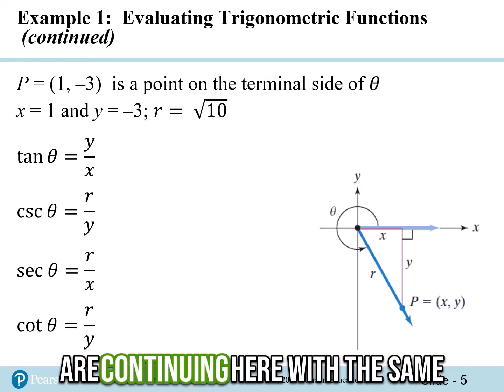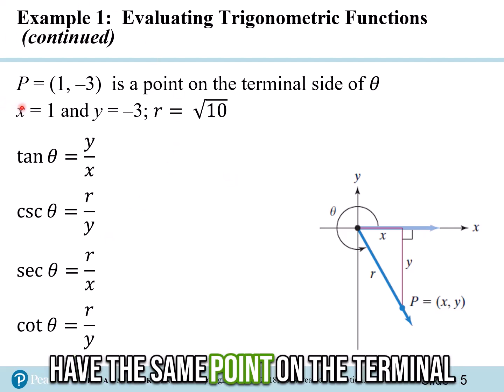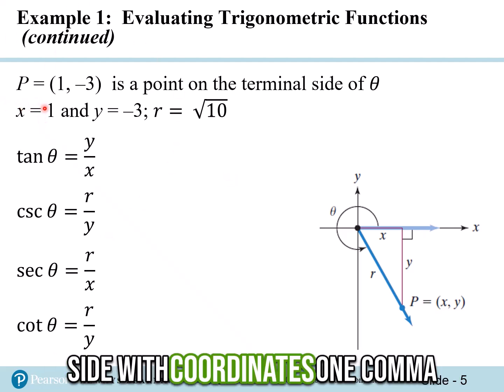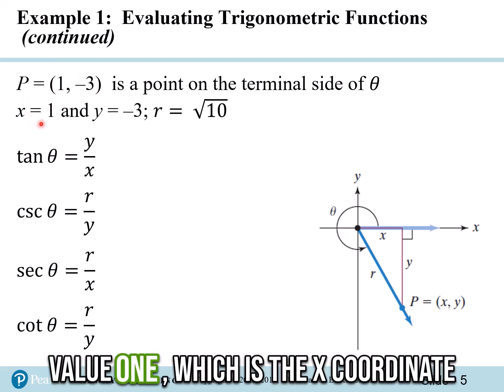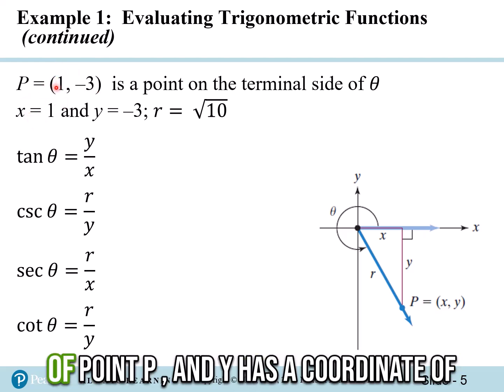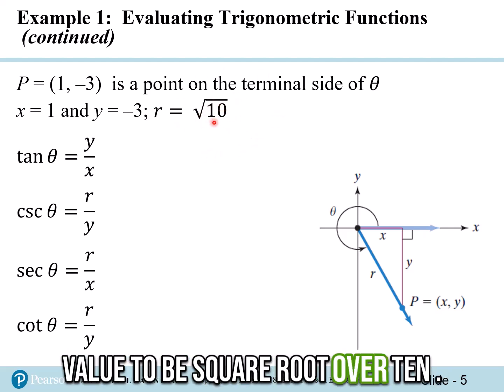We are continuing here with the same example from the previous slide. We have the same point on the terminal side with coordinates 1, -3, and then x has a value 1, which is the x coordinate of point P, and y has a coordinate of -3, and we found r, its value, to be square root over 10.